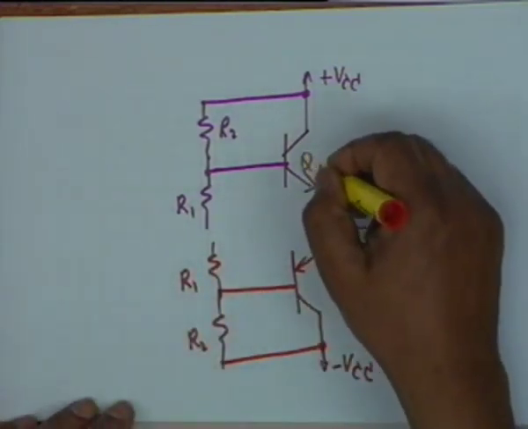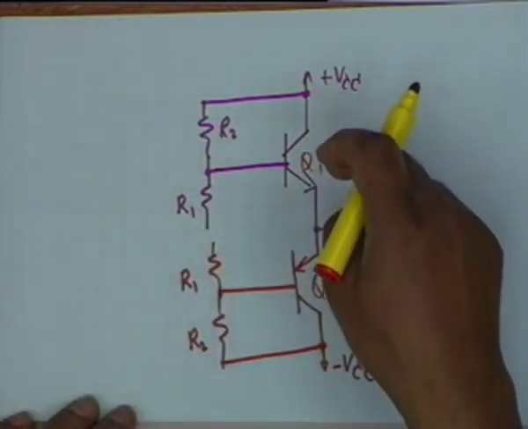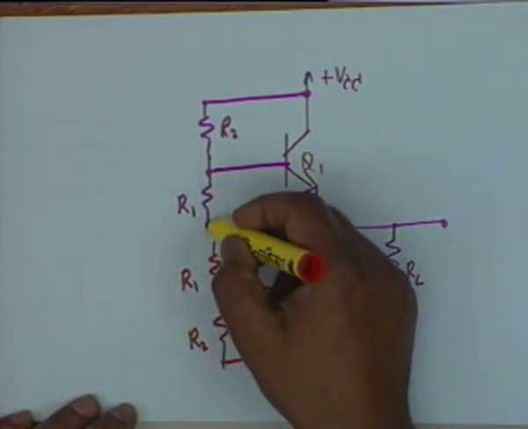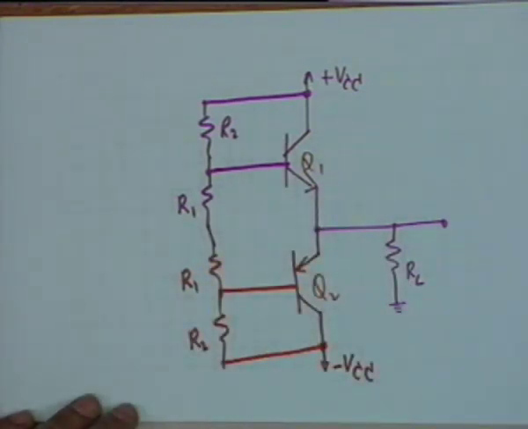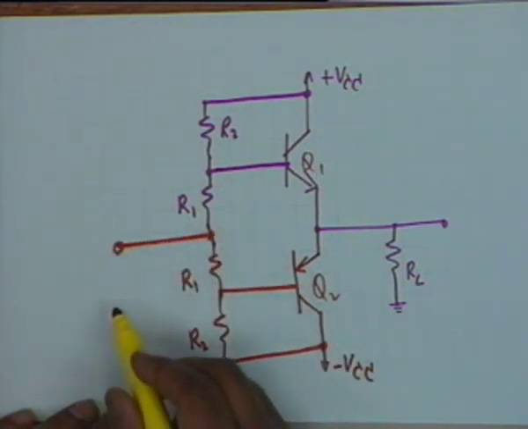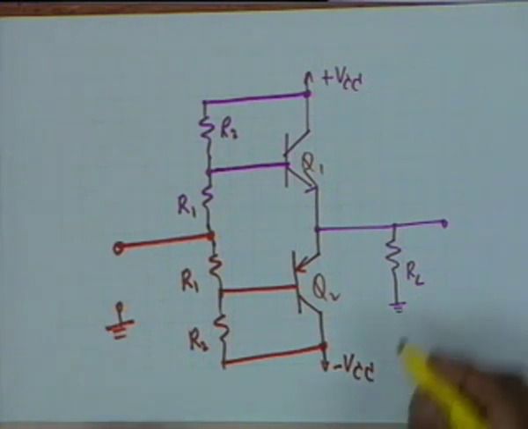So Q1 and Q2 are two identical transistors, except that they are complementary symmetry. That is, one is an NPN and the other is PNP. Now where should this go? These two R1s are connected, and the input is applied between this point and ground. The output is taken from here to ground.